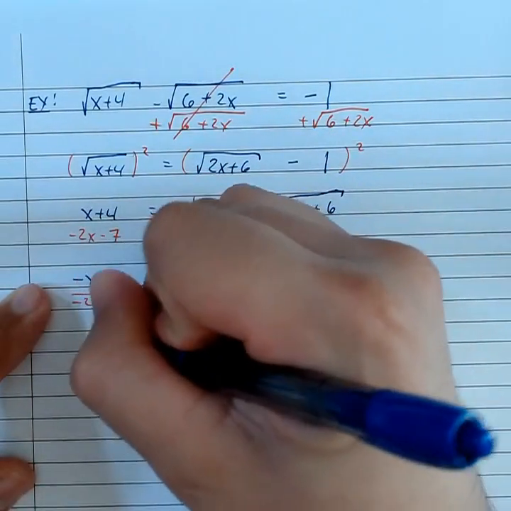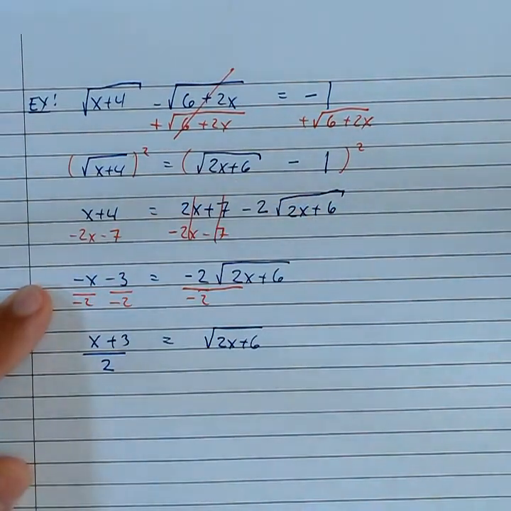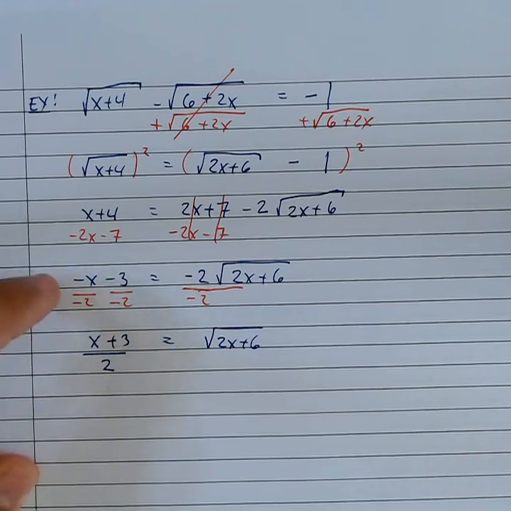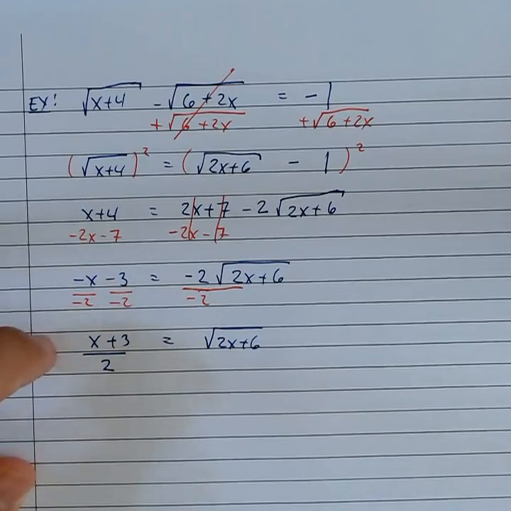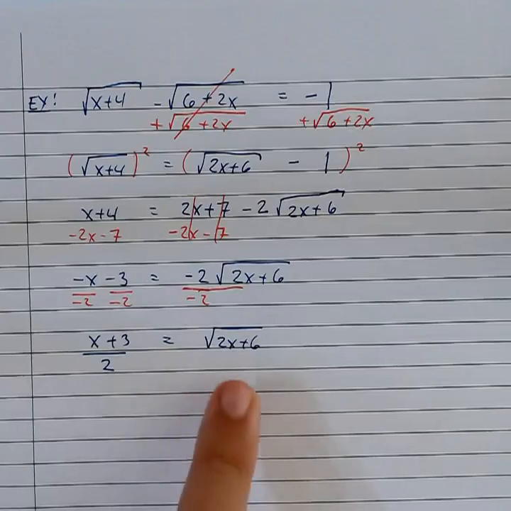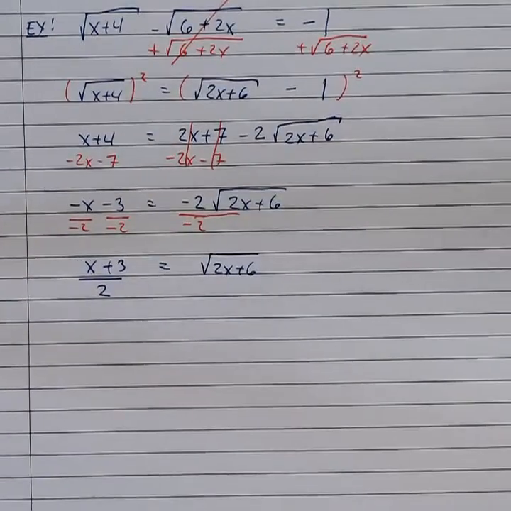So I can write this as x plus 3 over 2. X over 2 plus 3 over 2. Okay, so x plus 3 over 2. Now that I've isolated my radical, everything else is on this side. Let's square both sides again.